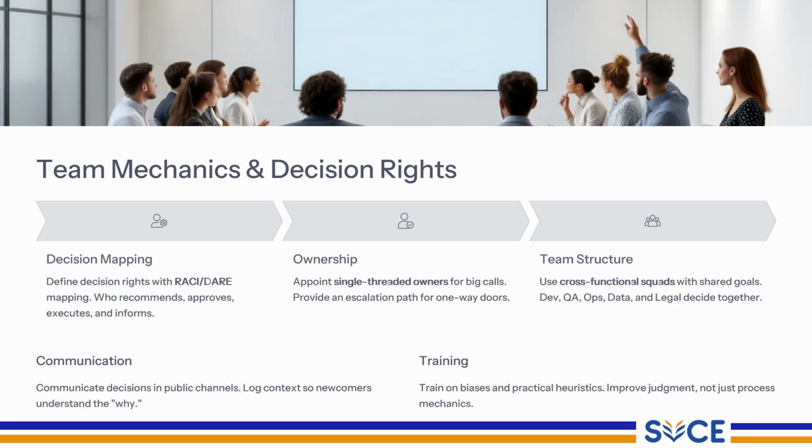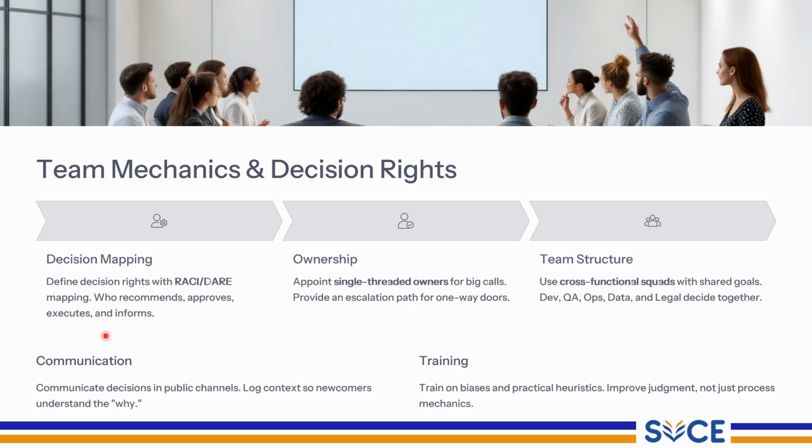team mechanics and decision rights. Here we are going to see what decision mapping is. It defines the decision rights with RACI and DACI mapping: who recommends, who approves, who executes and who is to be informed.